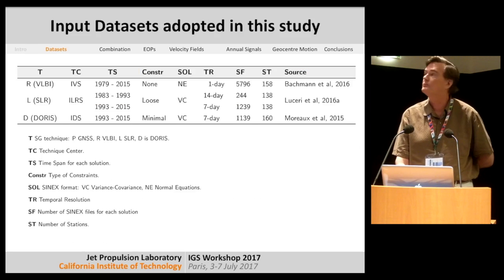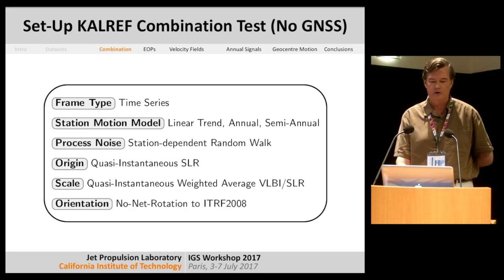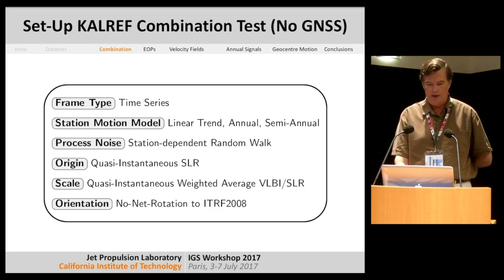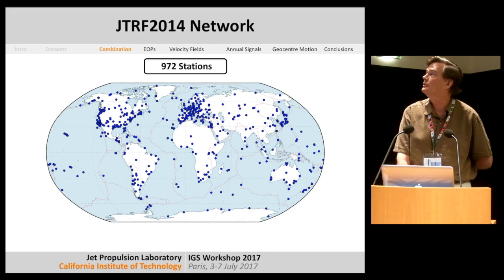So the input data is the same data we use for JTRF 2014, which is the data that the services provided for ITRF 2014. And our solution setup is exactly the same as we did for JTRF 2014. And after we edit that data for JTRF 2014, this was our network, 972 stations.